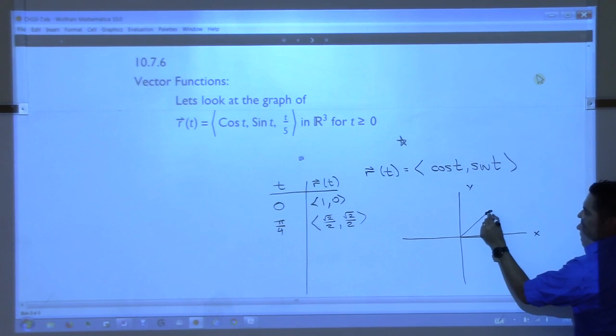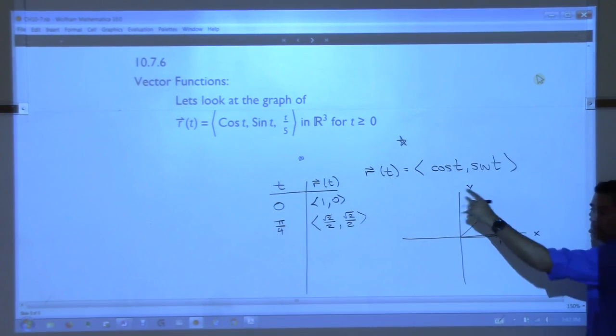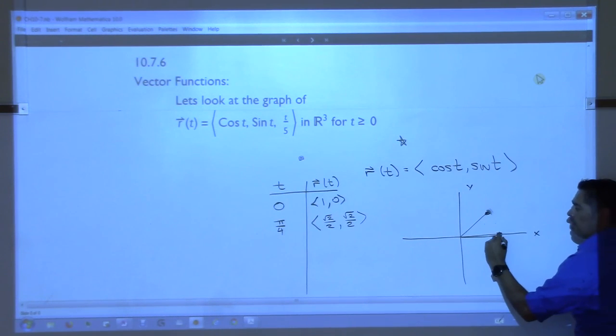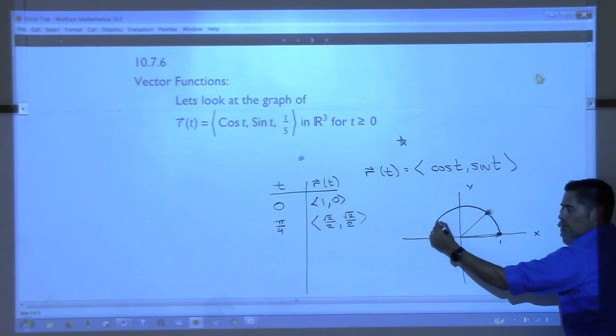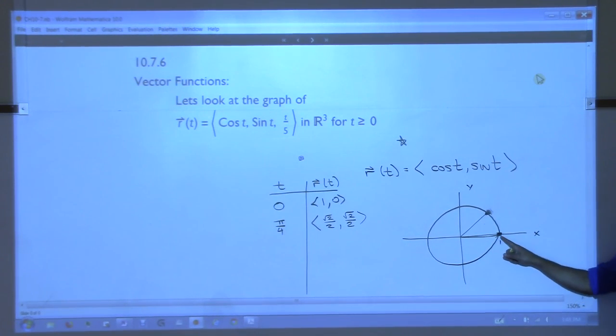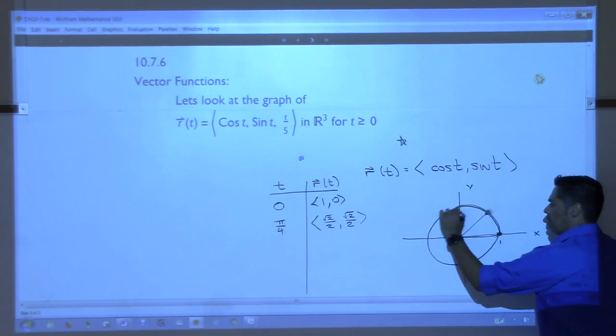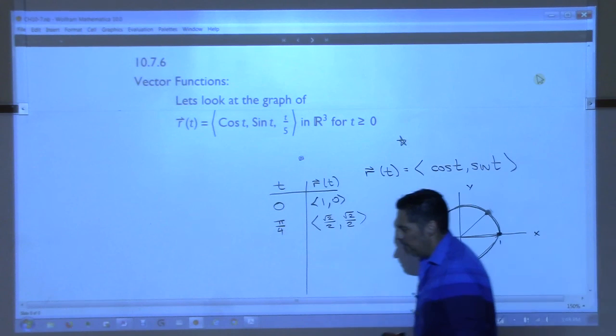And you can imagine that if you kept on plugging in bigger values of t, you would eventually start drawing the entire circle. And then what would happen once you get back to 2 pi and keep going with t? It would just keep on drawing circles, wouldn't it?